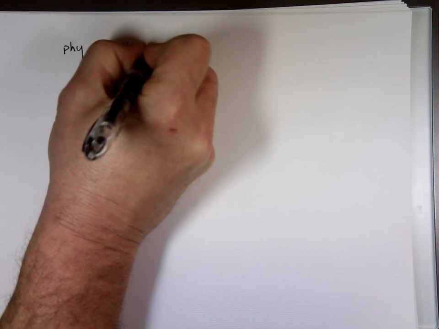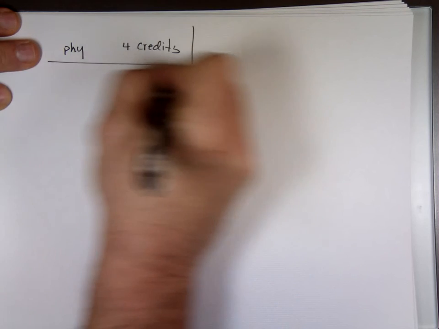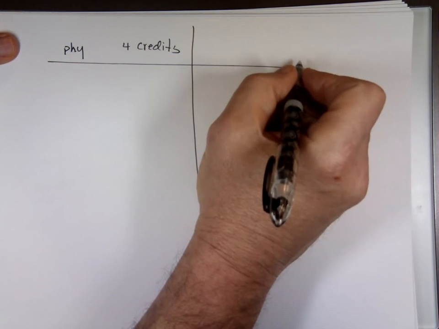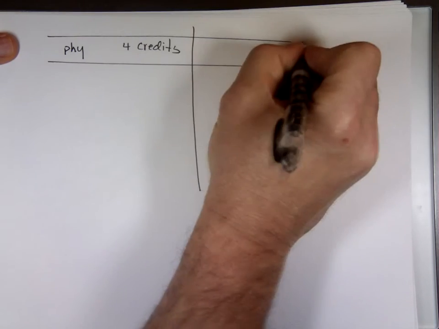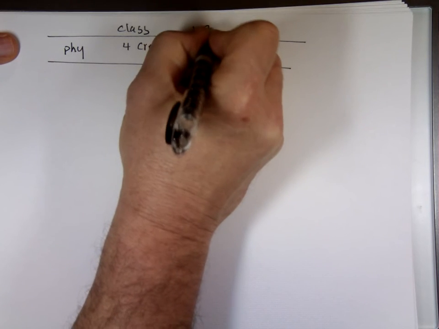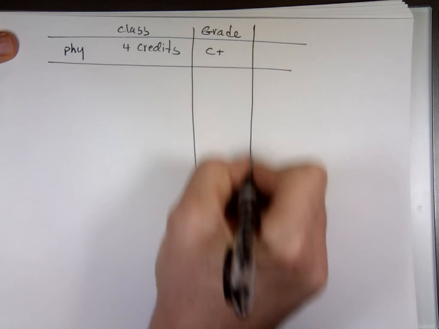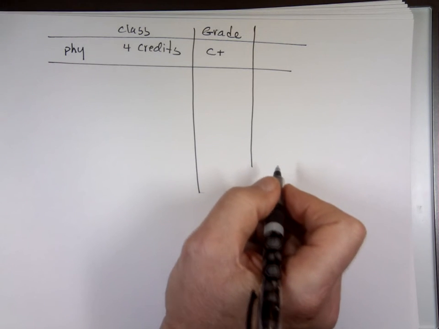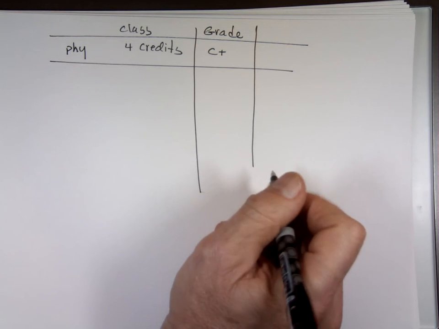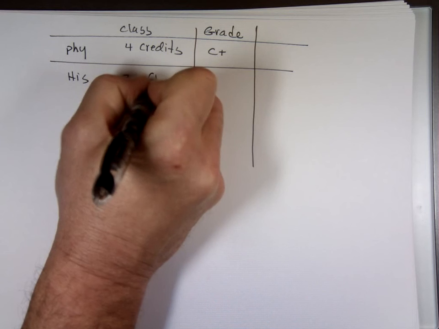And let's be realistic here. Your grade for that class is what? C plus? Somebody says C plus. Then you say, I'm going to take history. That's a 3 credit course. And you like history, you get an A minus.